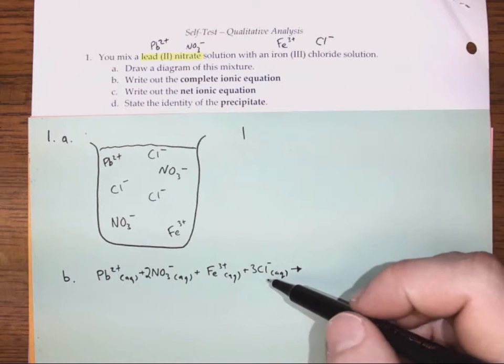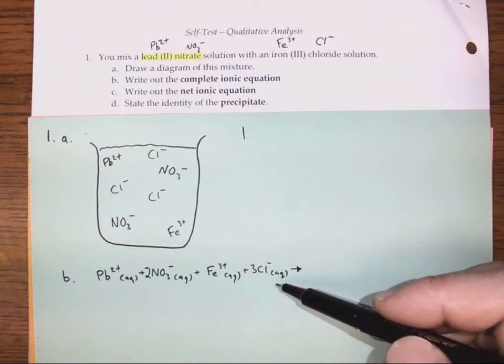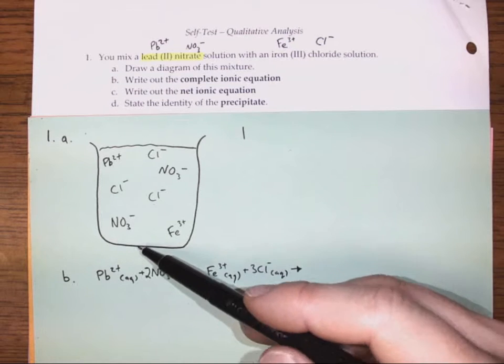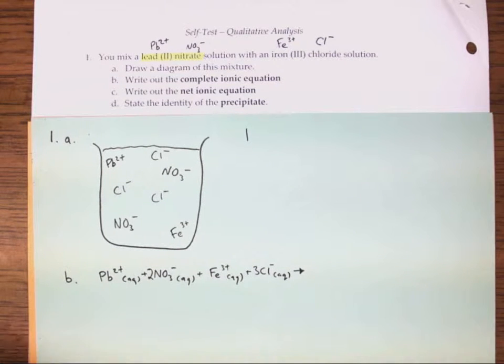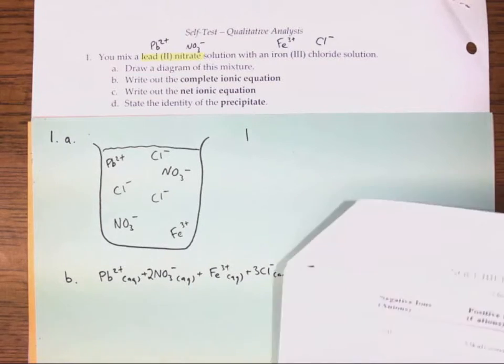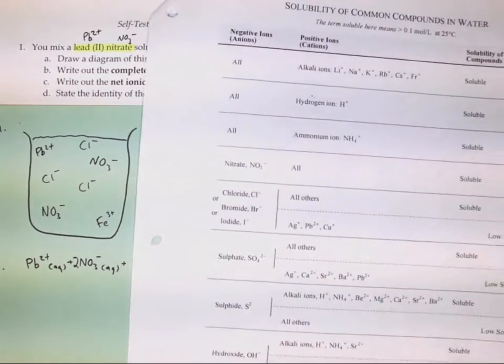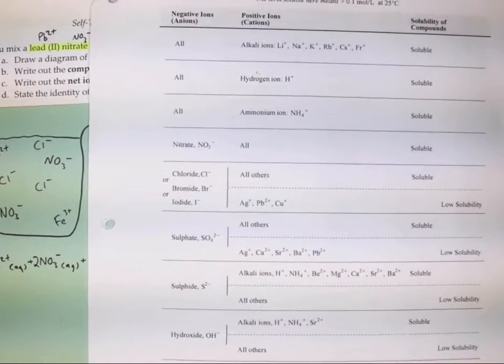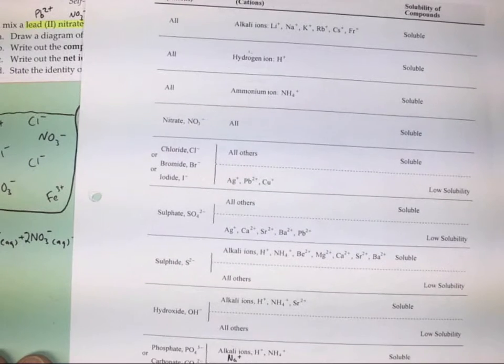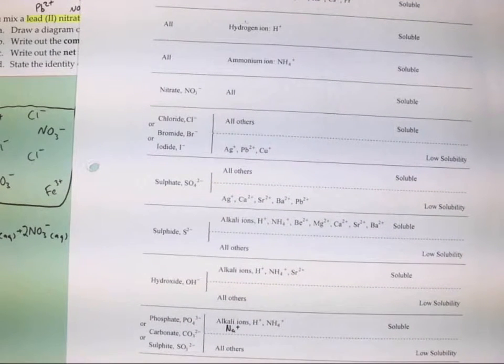Okay. Now, maybe it's true that some of these react to form a precipitate that's going to sink out of the solution. So before I move any further, I'm going to just go to my solubility table and check if any of these compounds pair together to make an insoluble, or at least a low solubility compound that'll form a precipitate.